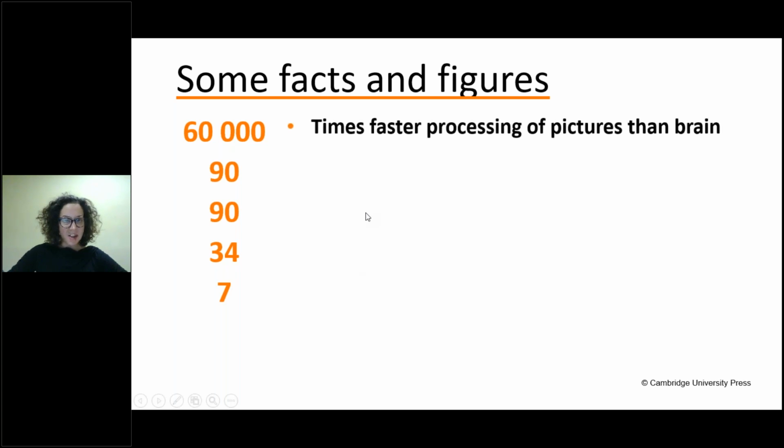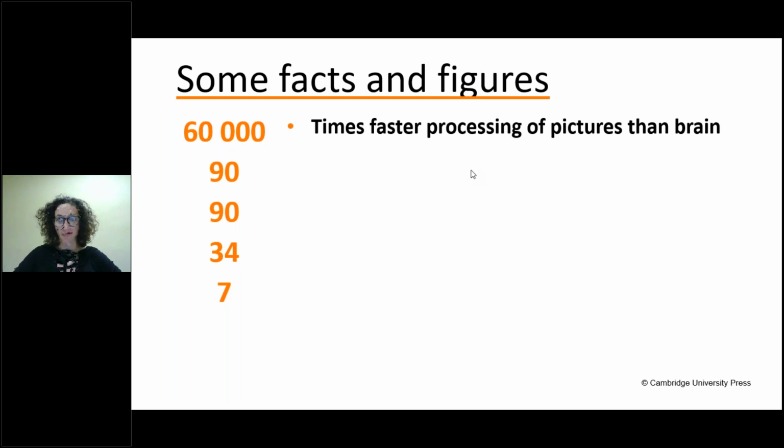So 60,000 is the number of times faster that our brain processes pictures than text. Oh, I've got a little mistake here, I'm sorry. I think something happened when I started the slideshow.